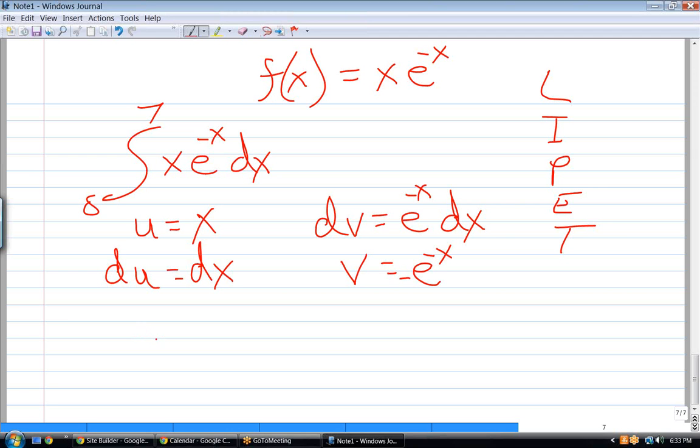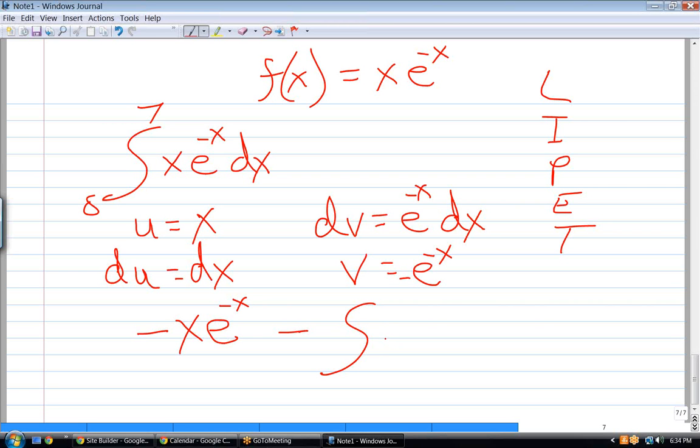All right, so now what? So that is x times e to the negative x over -1. Let's put the negative sign out in front, make it look like this. That's uv. What's the rest of it?